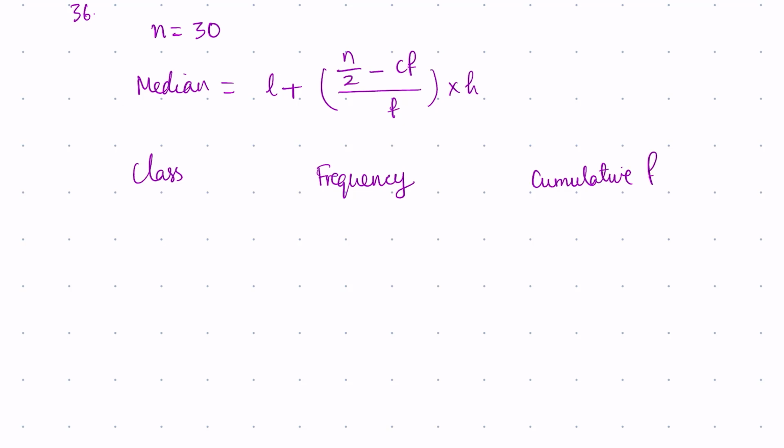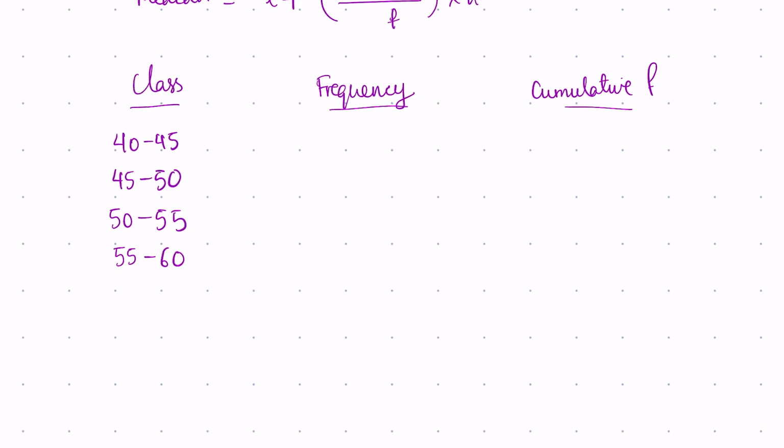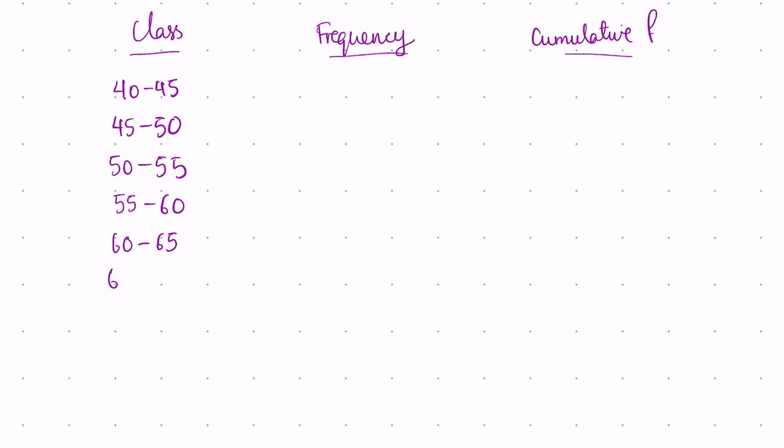The classes are 40 to 45, then 45 to 50, 50 to 55, then 55 to 60, then 60 to 65, after that 65 to 70, and 70 to 75.